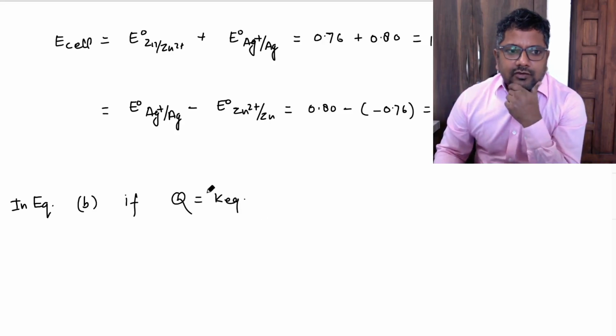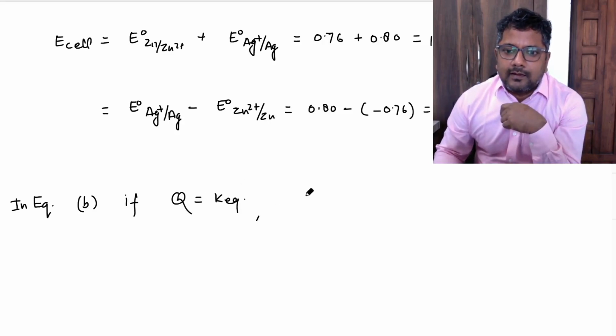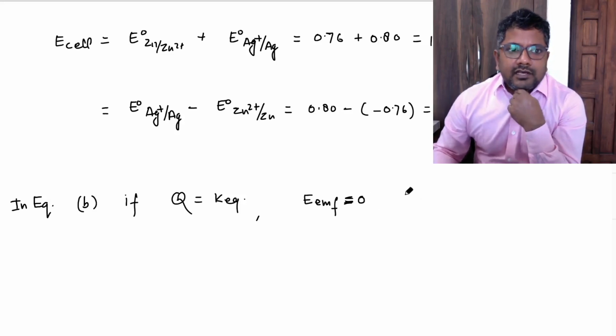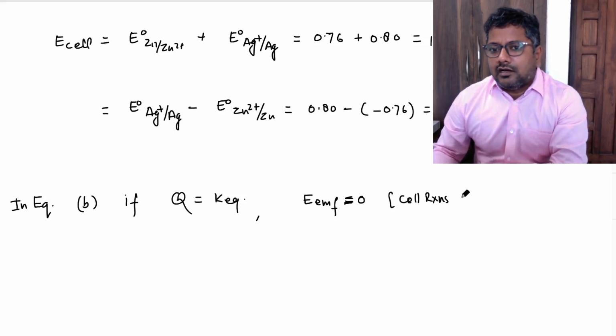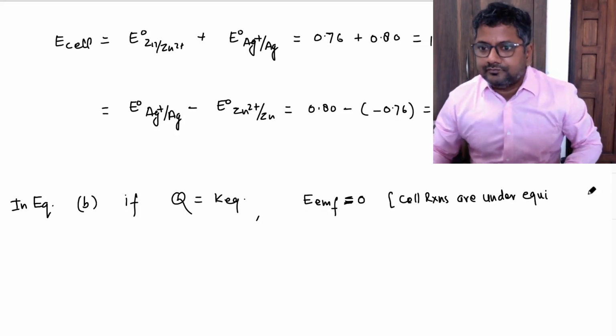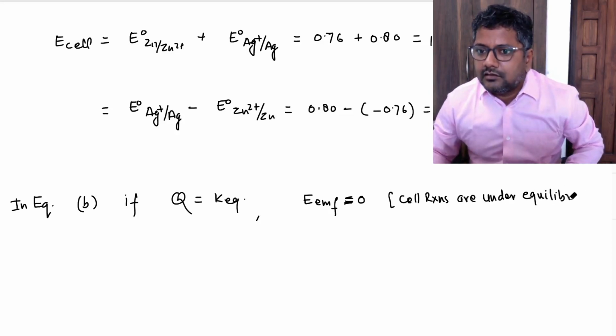Once Q is equal to K equilibrium, the EMF of the cell is 0, because now the cell reactions are under equilibrium, right?